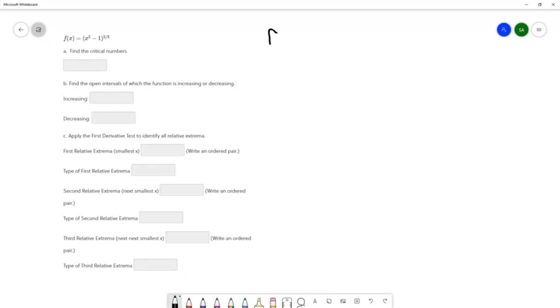So once again, our function is f of x equals x squared minus 1 to the 2/3 power. To calculate the derivative, I'll use the general power rule or a combination of the power and the chain rule, depending on how you want to think about it.